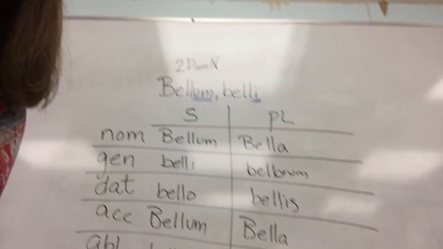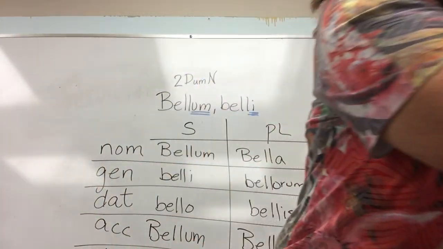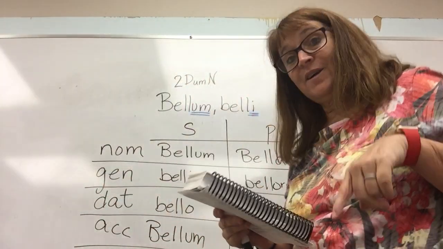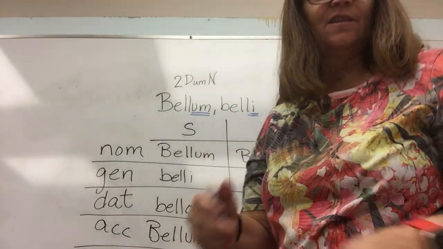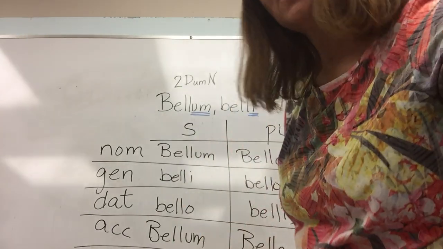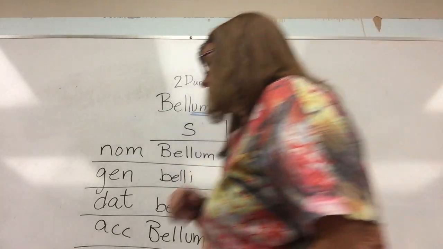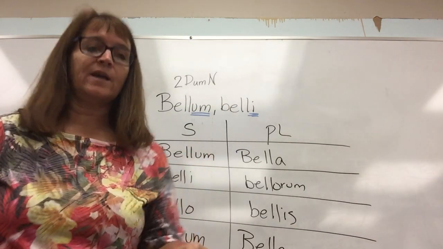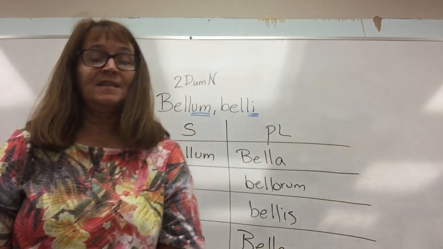Okay, awesome. So you have some new words in your textbook on page 21, and you can tell that they're second declension because of the I in the genitive singular, and they're all neuter because of the UM in the nominative singular. Okay, so your assignment for this time is going to be to do exercise 15, 16, and 17.